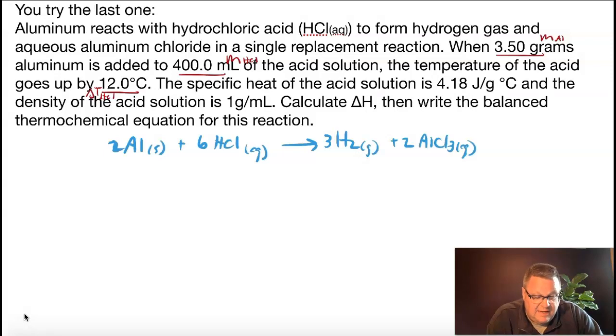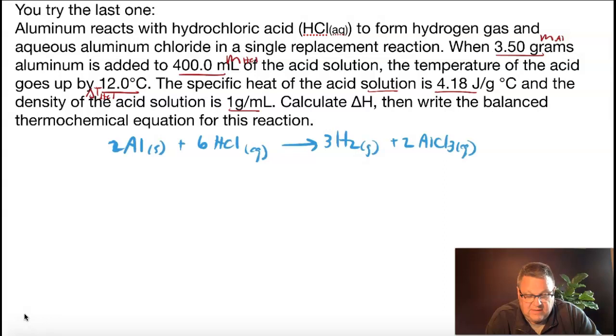That means heat is flowing out of the aluminum into the hydrochloric acid to give you a positive QHCl. We're going to use 4.18 for the specific heat of any acid solution because solutions are 99.9% water. And the density of the acid is 1 gram per mil. That's how we got 400 grams instead of 400 milliliters for the mass of the acid.